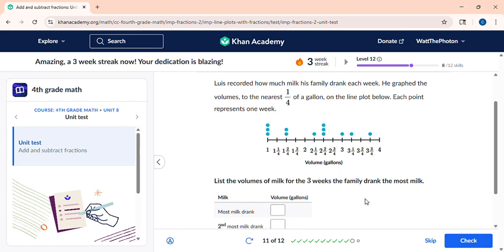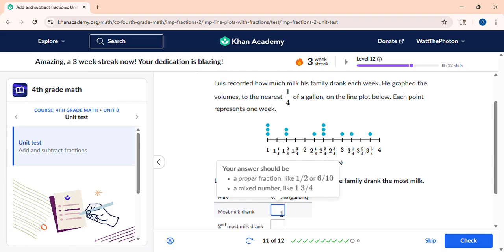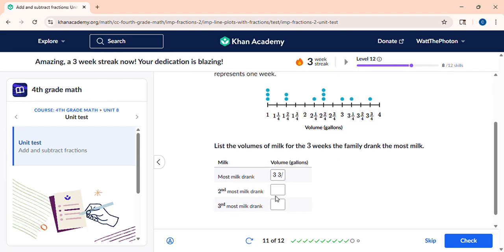This near quarter gallon. Each represents 1 week. Three gallons and 4 second most. 3 1/4. Third most is just 3. 3 3/4.